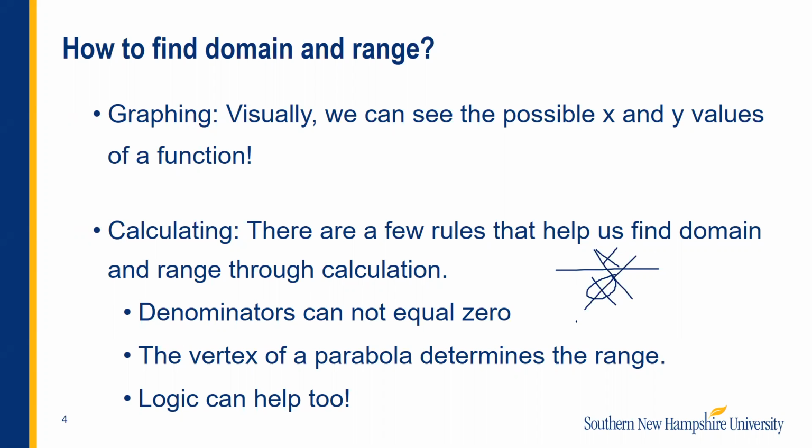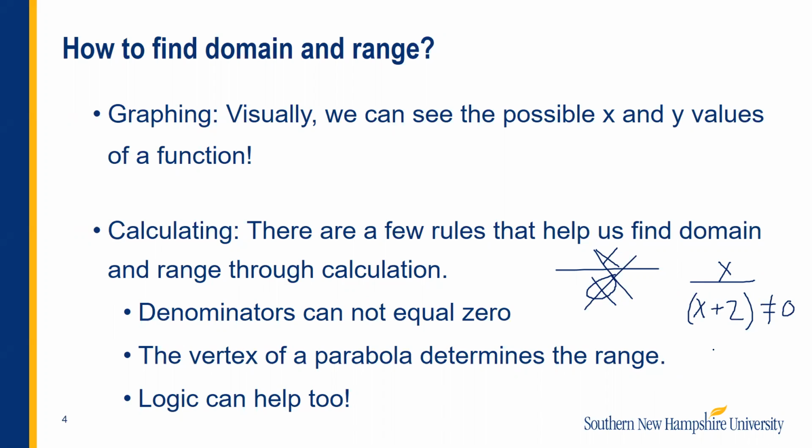Nope, not happening. So anything that is on the bottom of a division, like if there was x plus 2 on the bottom, then x plus 2 cannot equal 0. And that helps us figure out what x cannot be, and we can figure out what the domain is from there.